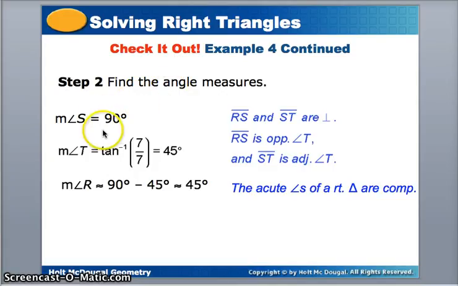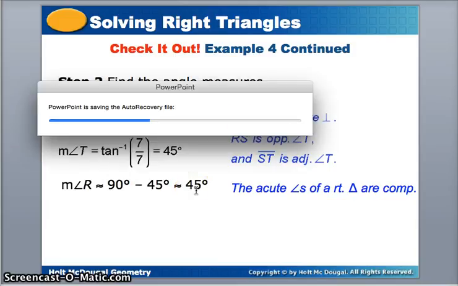You can also say angle S is 90 and do the inverse tangent of 7 over 7, which gives us 45 degrees, because remember, the tangent of 45 is always 1, and the inverse tangent of 1 is 45. And then angle R you can find by 90 minus 45, and that's 45 degrees. So that's a different way you can solve that.